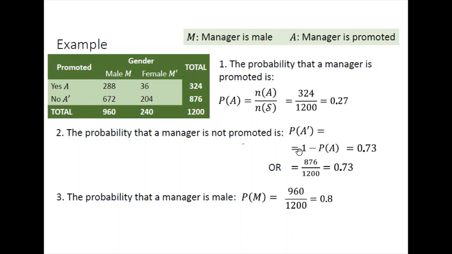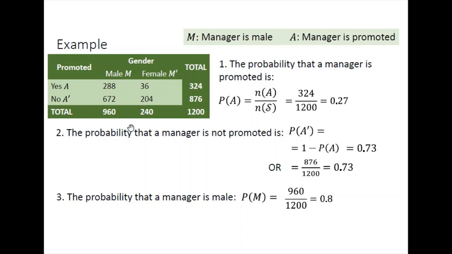So we can obtain these probabilities by using proposition 2. The probability of A prime is 1 minus the probability of A. So 1 minus 0.27 is 0.73. Or we can obtain it directly from the table.